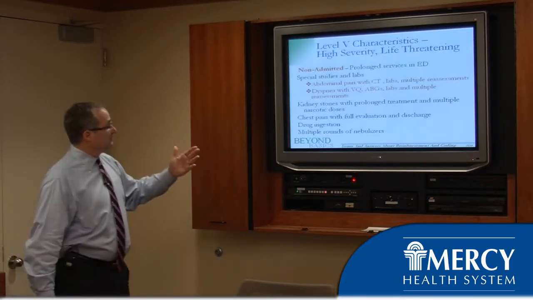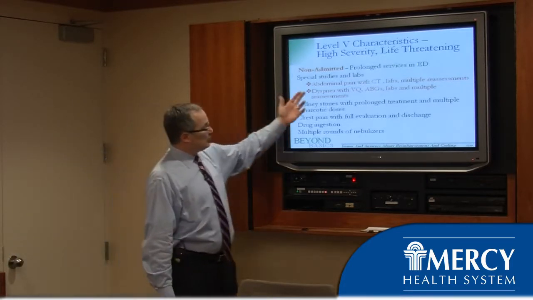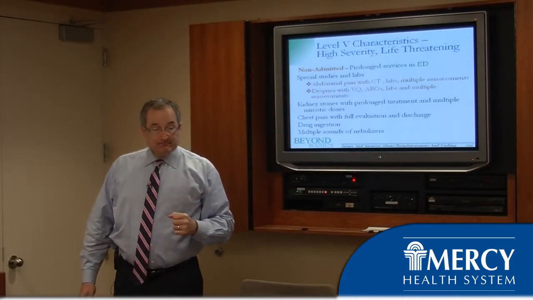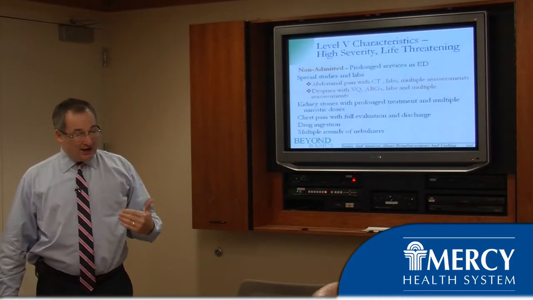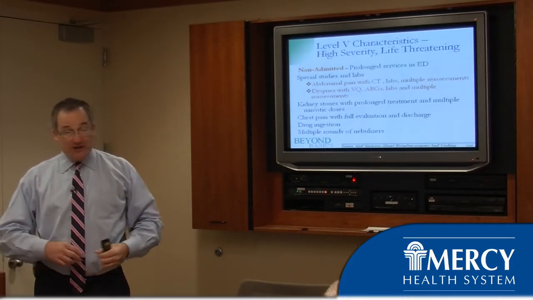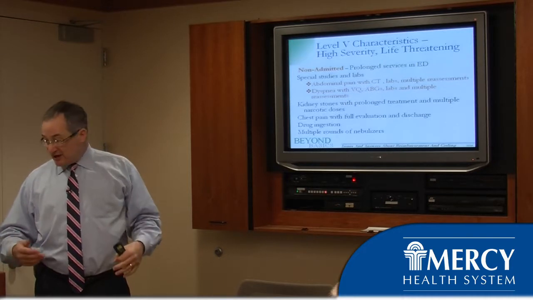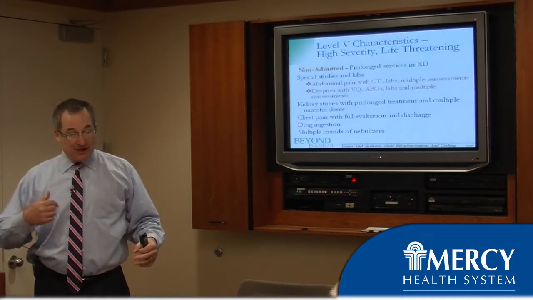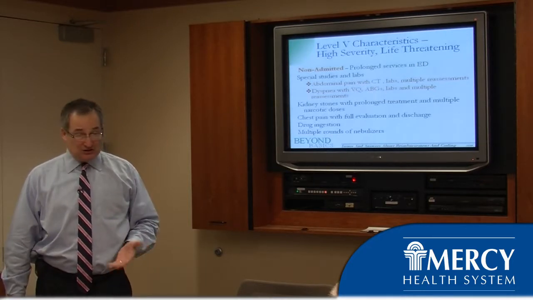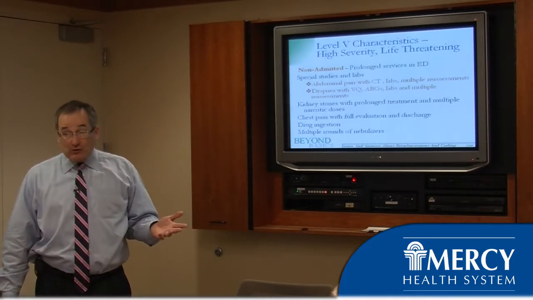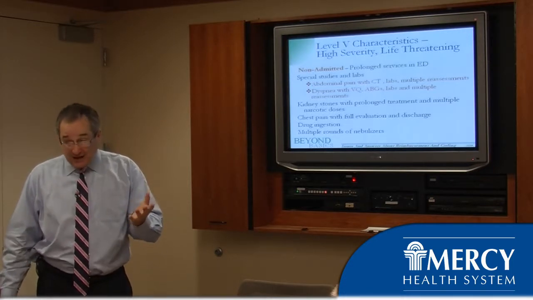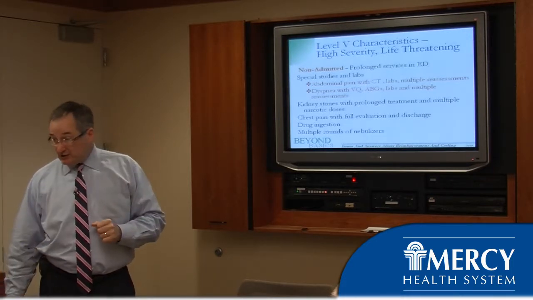So here's an example. An abdominal pain with a CT, labs and multiple reassessments. We do the CT and it's not a surgical belly. And so the patient's still in pain and we have to work them up and manage that pain and get it knocked down, and try to figure out what's the disease process here. It could be 5-6 hours of ED stay and they go home with nothing more specific than abdominal pain, unknown etiology.